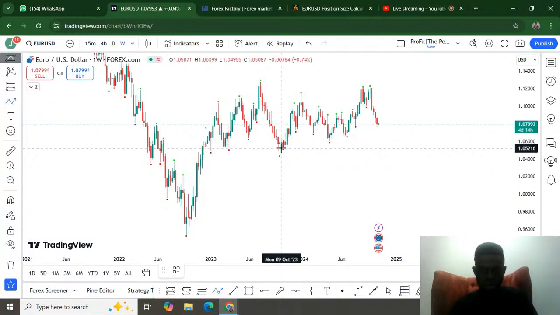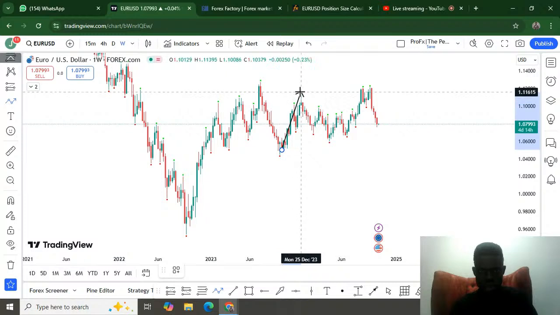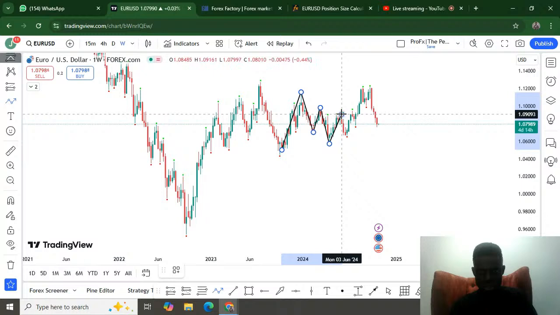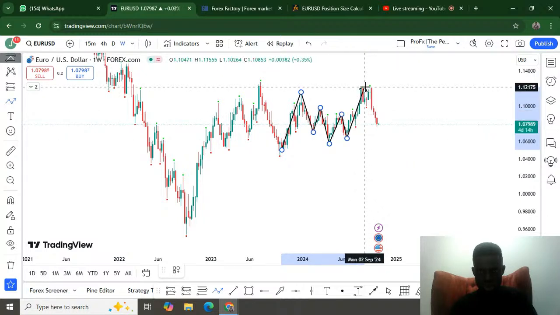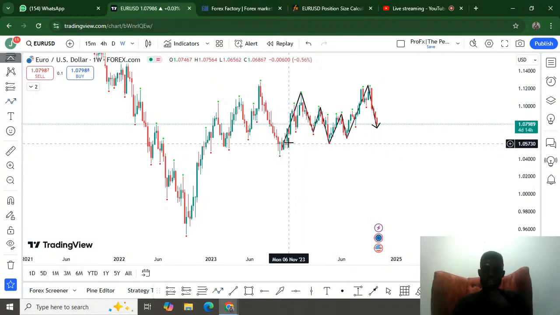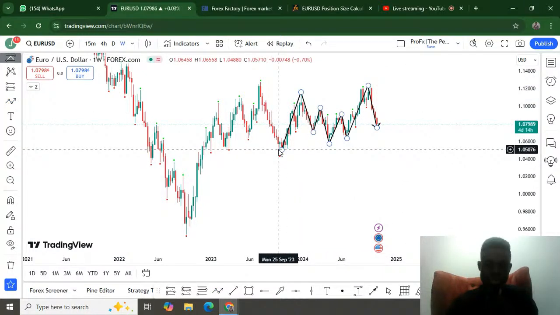Let's draw the path this way. Just follow the structure and stop where it stops. September is okay. We are in the month of October, so September, October is fine.